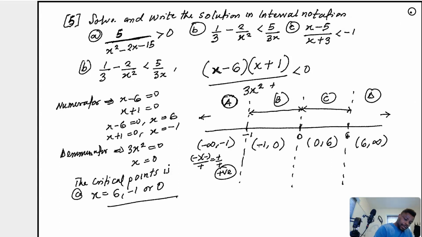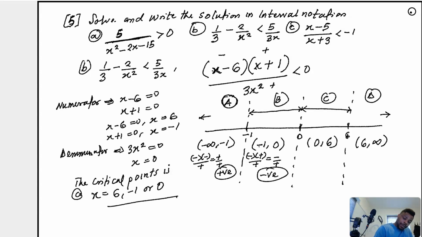That is minus 0.5 minus 6, that is minus 6.5, that is negative. Minus 0.5 plus 1, this will be positive. Minus 0.5 squared, definitely this will be positive also. So negative, positive, positive. Negative divided by positive, so this will be negative.